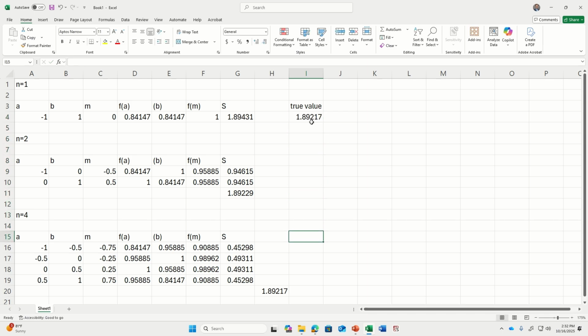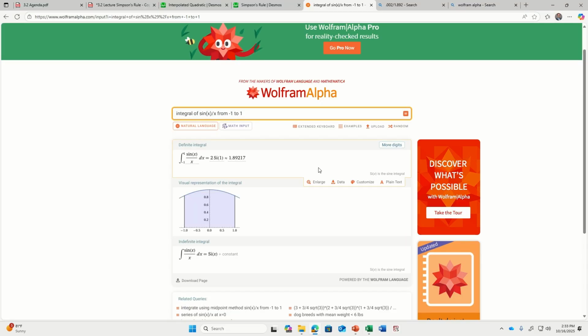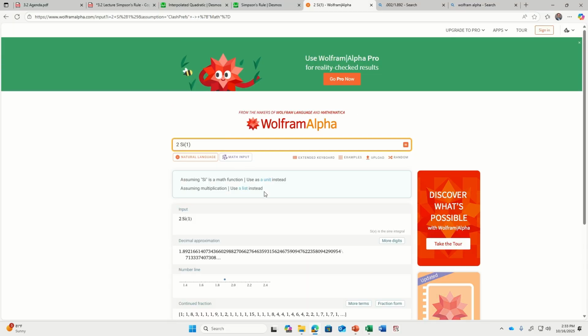In fact, 4 subintervals got that to 6 significant figures. And so if I was going to calculate the relative errors, well then 4 subintervals already has 6 significant figures, so that's not going to do. But is there a way to make it tell me more?